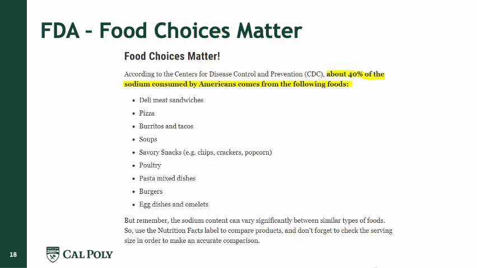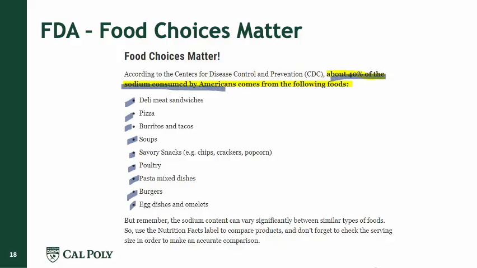So according to the FDA, and what I have mentioned about health, it's estimated that about 40% of sodium consumed by Americans comes from the following: deli meat sandwiches, pizza, burritos and tacos, soups, savory snacks like chips, crackers, popcorn, poultry, pasta mixed dishes, burgers, egg dishes, and omelets.